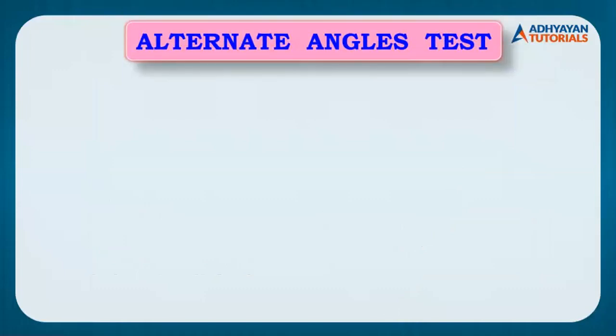We talk about alternate angles test. Now, I believe you all can try and attempt alternate angles test by yourselves because it would be the converse of alternate angles theorem. I hope everybody remembers what the alternate angles theorem is. What is the theorem? If the lines are parallel, then the alternate angles are congruent.